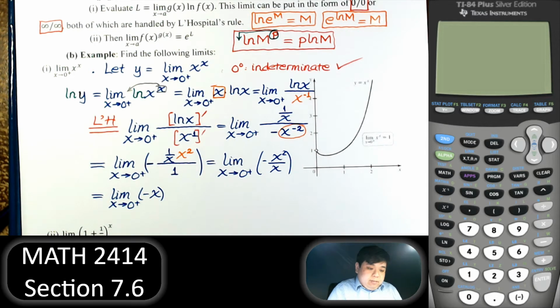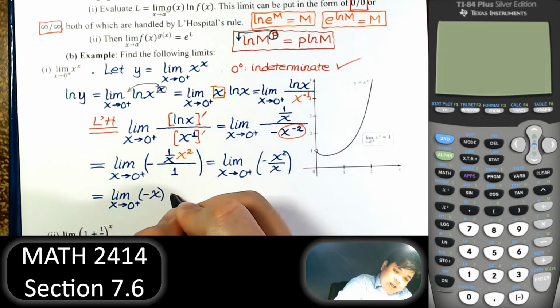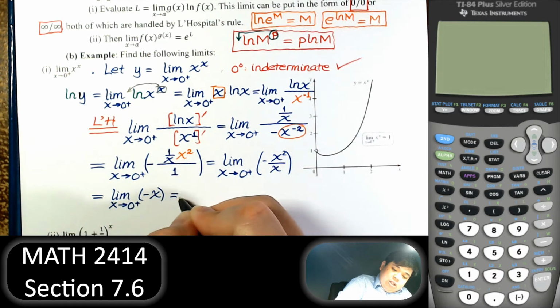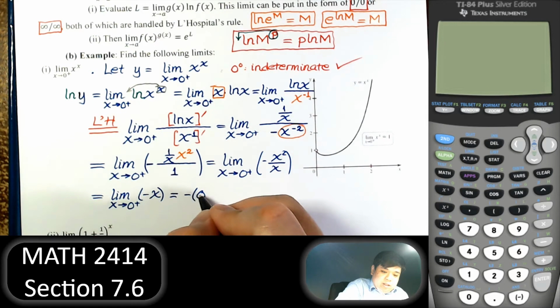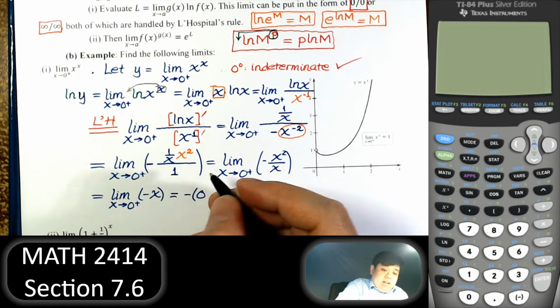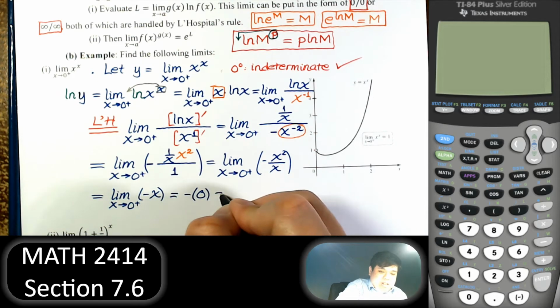Right, that's easy. Now this is not indeterminate form anymore, just put 0 into it and that's it. So we just have negative 0 from the right hand side, which is positive, and so this ends up being negative 0, but still 0.